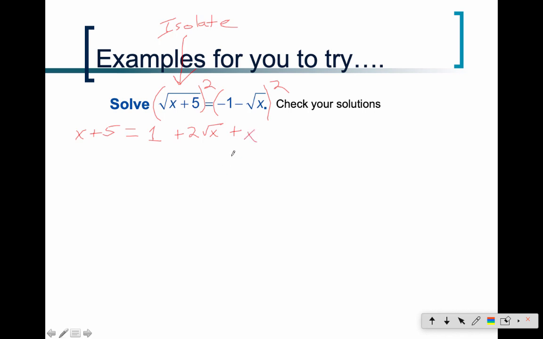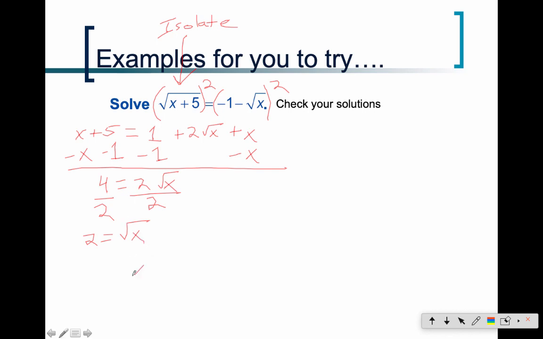And now when I go to solve, I move the x over, and I'm going to isolate the radical again. Well, looky here. I get 4 equals 2 root x. So I'm working to get this by itself again, and I get the square root of x is 2. Square both sides, x is 4.